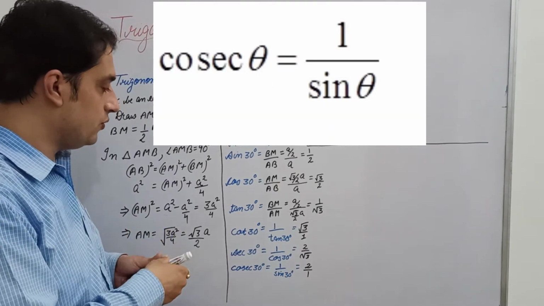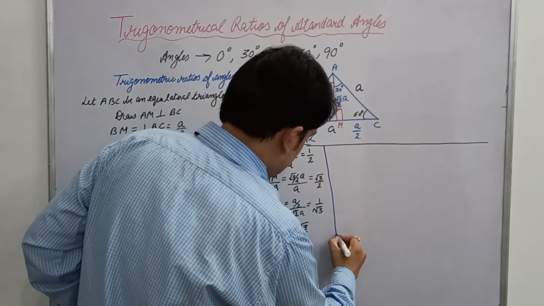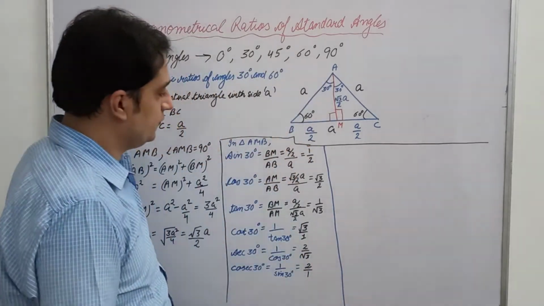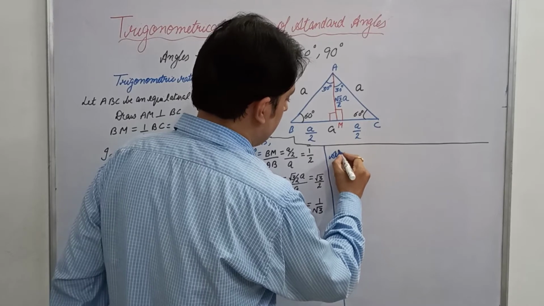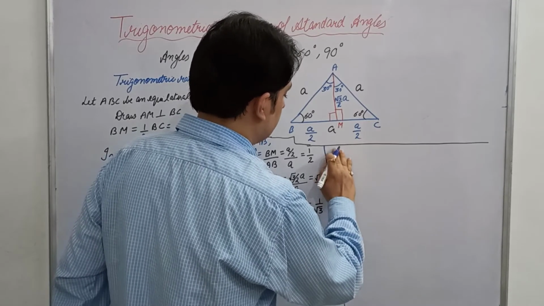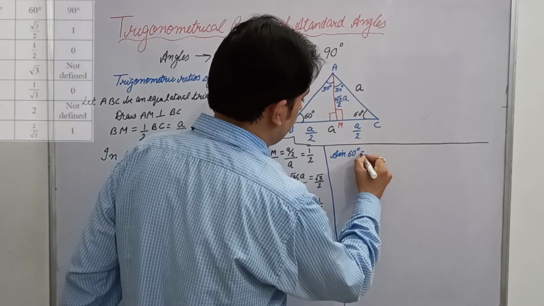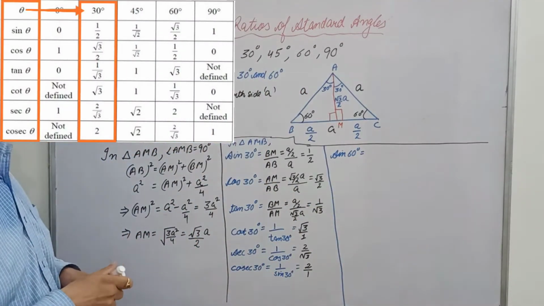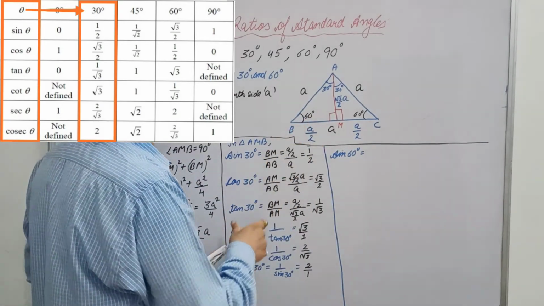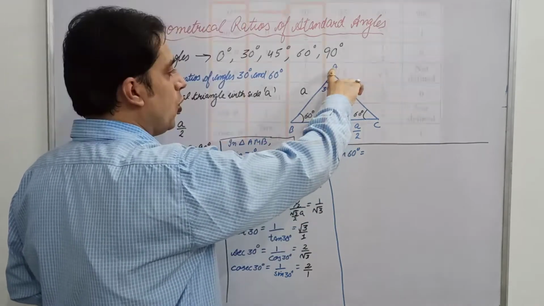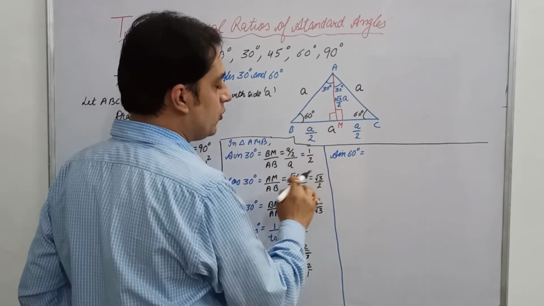Similarly, you can find the values for angle 60 degree. First find the value of sine 60 degree. Now your angle of reference is 60 degree. Just change the positions of perpendicular and base. So for sine 60 degree, the opposite side is now AM, right? So this is again perpendicular by hypotenuse.